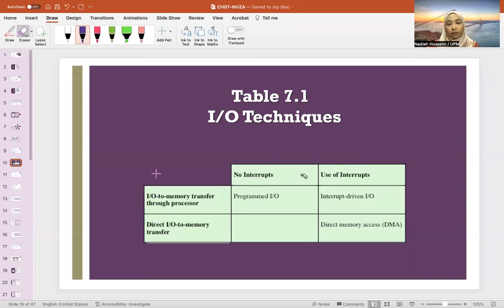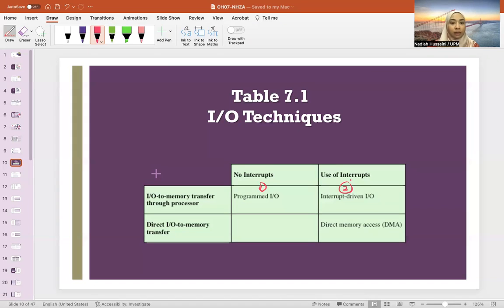Okay, so here is a summary of the I/O techniques. We have our programmed I/O. Programmed I/O does not have any interrupts. It is an I/O to memory transfer through the processor. Everything must go through the processor, and the processor has to wait. And then we have the second one, the interrupt-driven I/O, which uses interrupts. The processor does not have to wait.